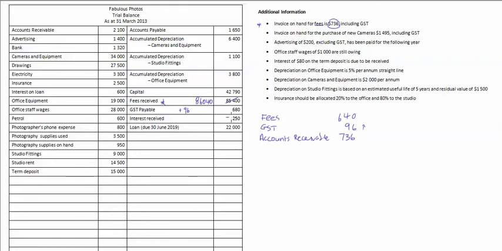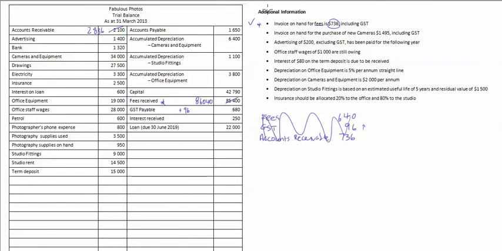Now, I'm not going to change that figure just at the moment, because I can see that the very next item there is also going to include GST. And then the third one is accounts receivable, 736 on top of 2,100 over here, makes it go up to 2,836. So let's put a line through that. Okay, so there's the first one done.